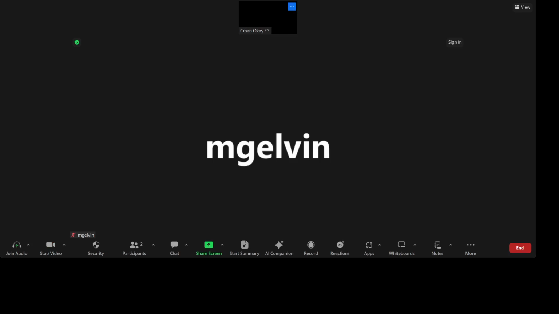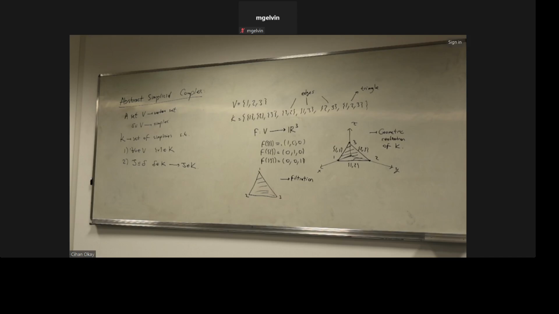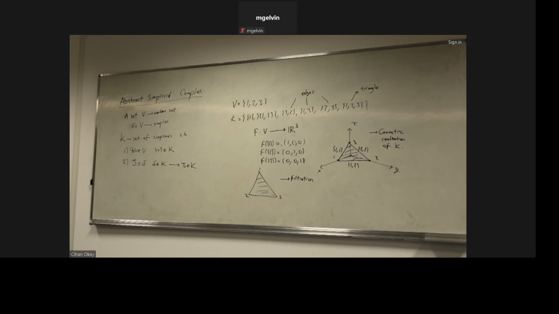and then we can add an edge {1,2}. This is 1, 2, 3. Then we can add the edge {2,3}, and then we can add this edge, and then we can finally add the inside.